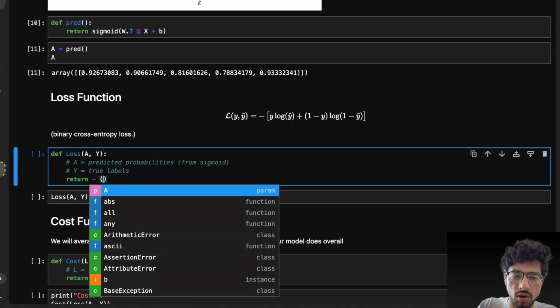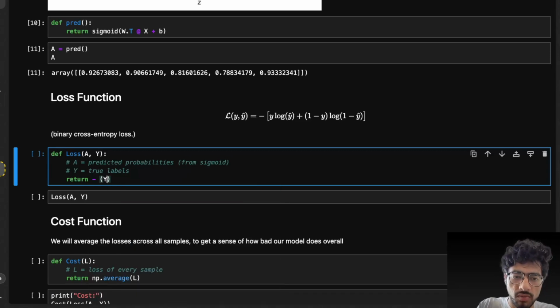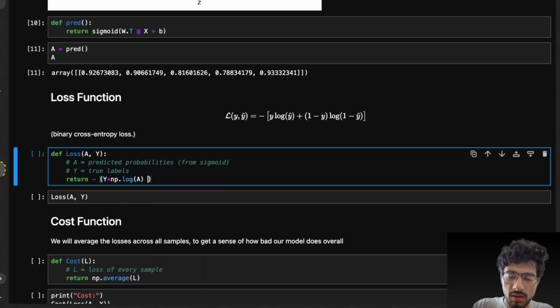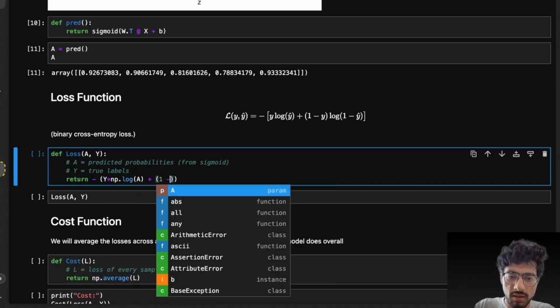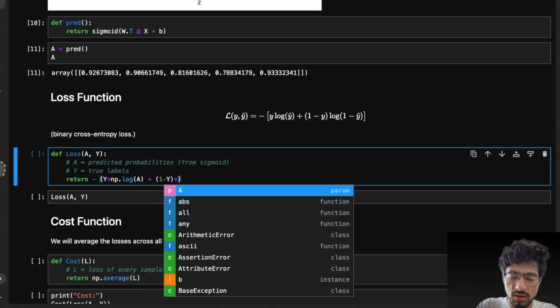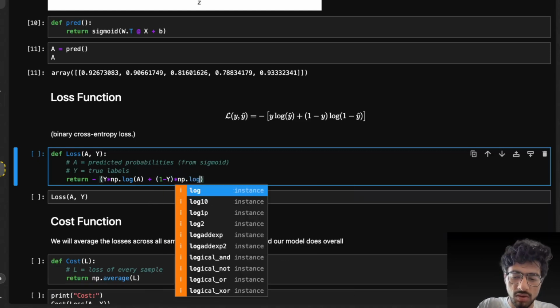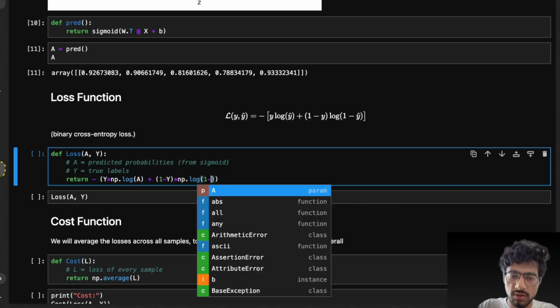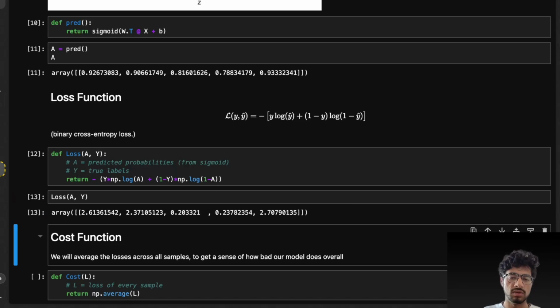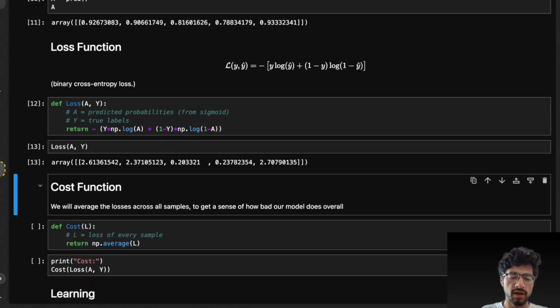our function called loss, with y star. And look at the loss. So these are all our training losses.